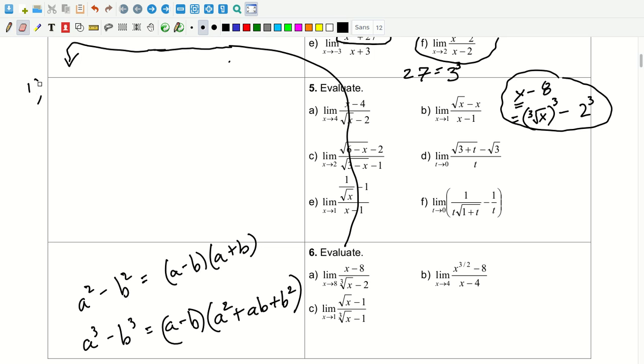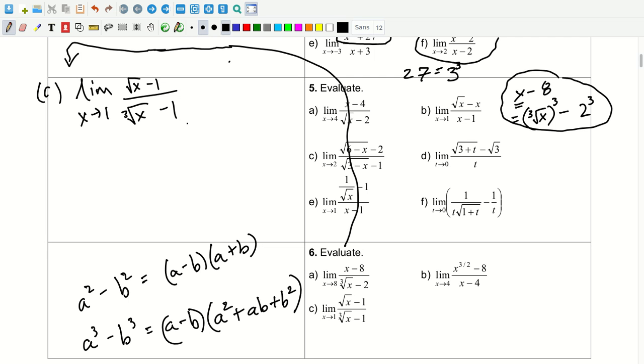Next is part C of number 6. So limit as x approaches 1 of root x minus 1 all over the cubed root of x minus 1.